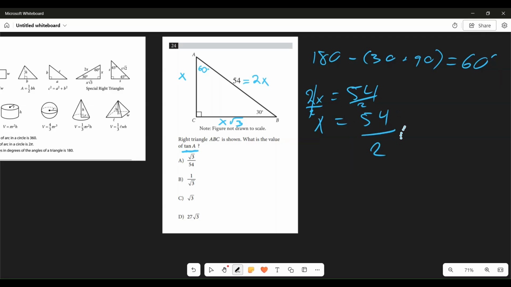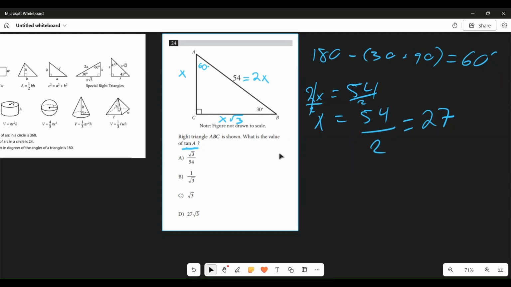So x is going to be 54 over 2, which is 27. You can use your calculator, of course. I'm pretty sure in Math Module 1 your calculator is permitted. So now we know this side is actually going to be 27, and this side is actually going to be 27 root 3. That's pretty easy.